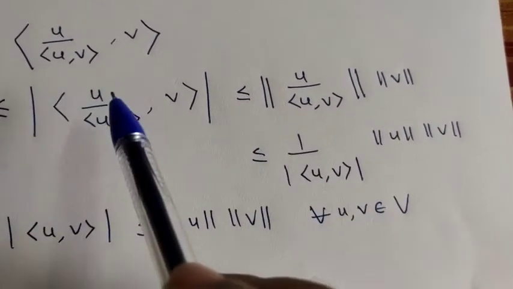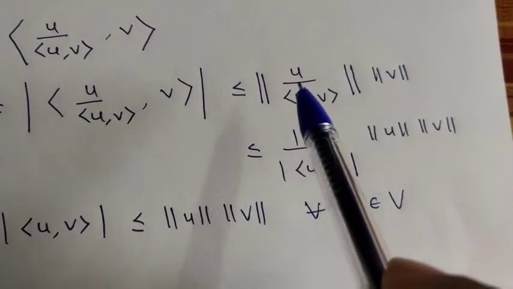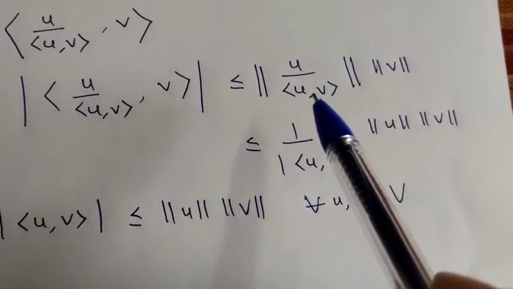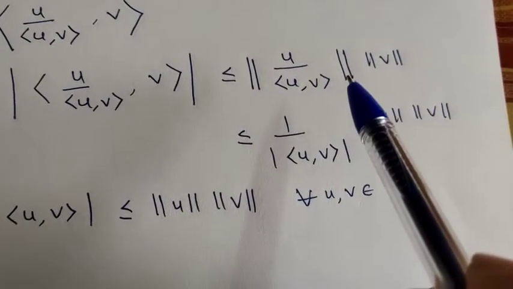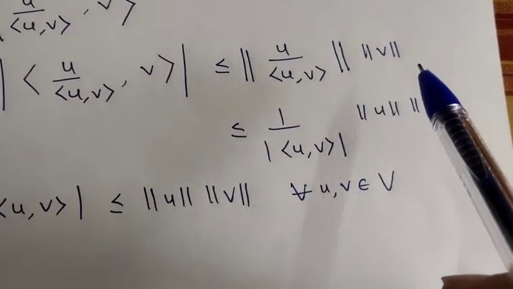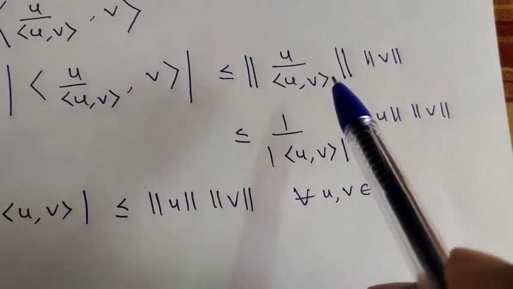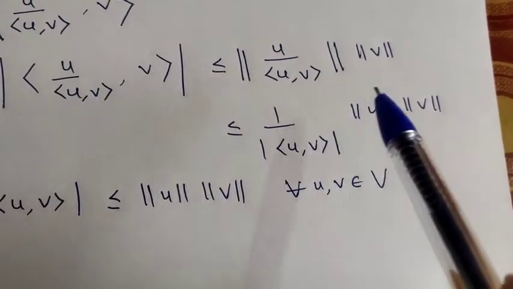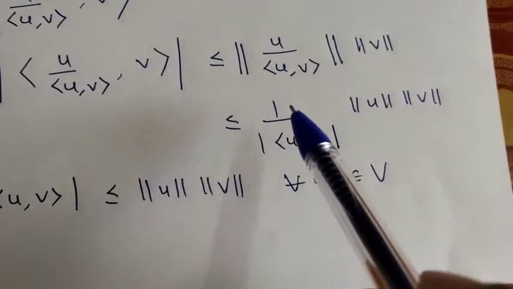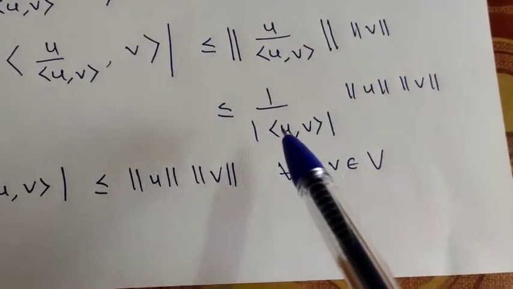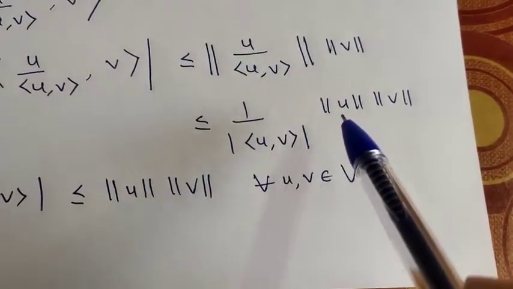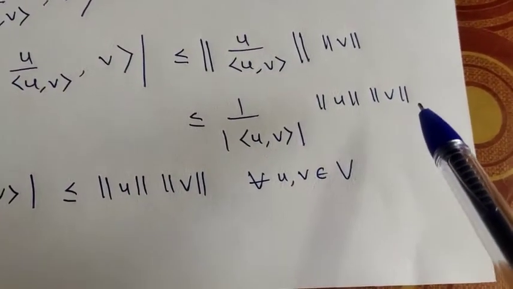Norm of u into norm of v. Therefore this is less than or equal to norm of u by inner product of u comma v into norm of v. It is like norm of alpha into u is mod of alpha into norm of u. So this is 1 by mod of inner product of u comma v into norm u on the numerator, as it is, into norm of v.